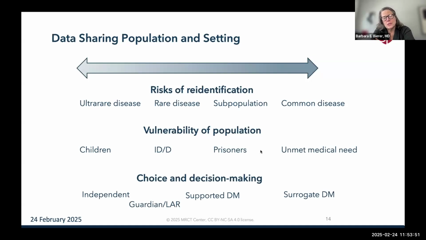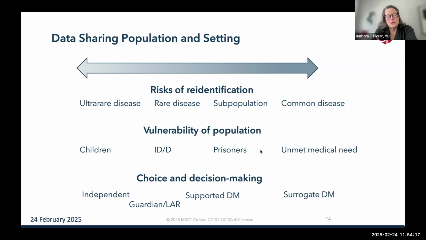And then there's the choice, and how much autonomy does somebody have in their decision making. There's independent people who are perfectly capable of making that choice and deciding. It changes a bit when there is a guardian or a legally authorized representative that's representing the interests of the independent person.